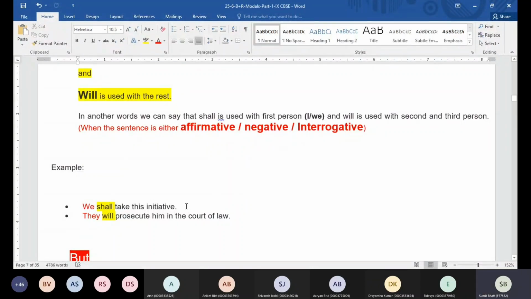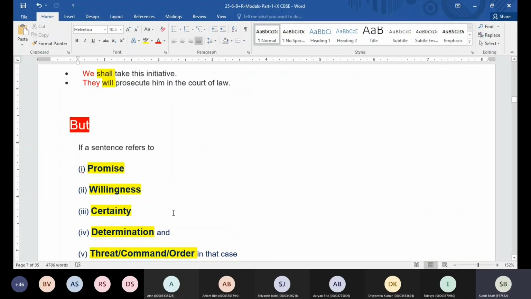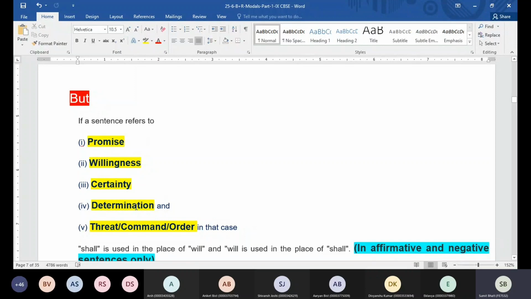But on the other hand, if you have a sentence wherein you are making a promise, showing willingness, certainty, or determination, or there is a threat, command, or order, in these cases, guys, we change shall into will and will into shall.